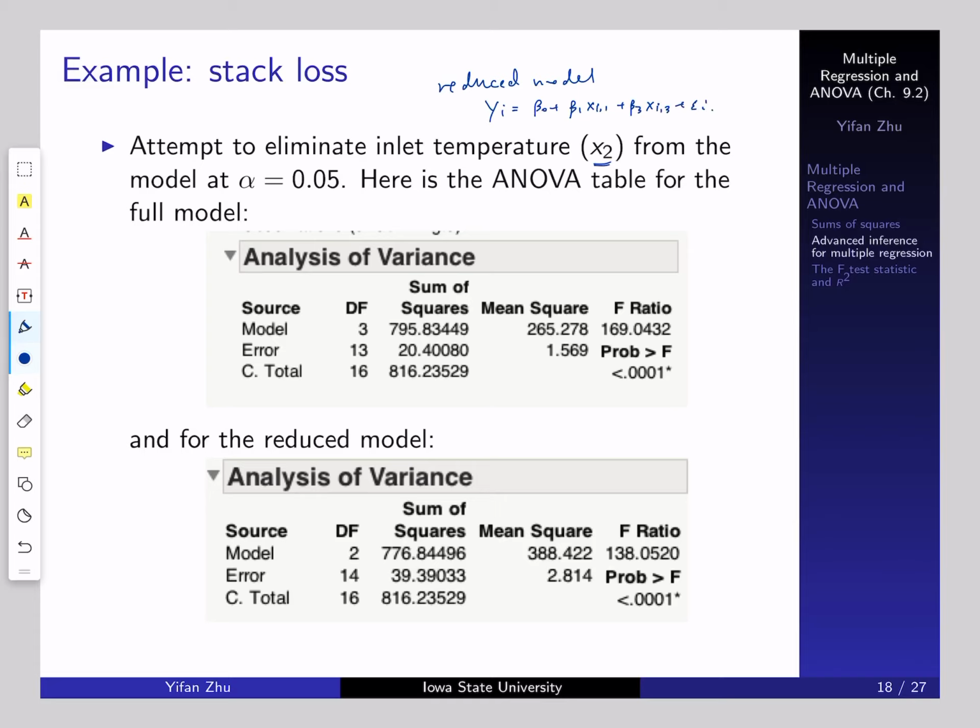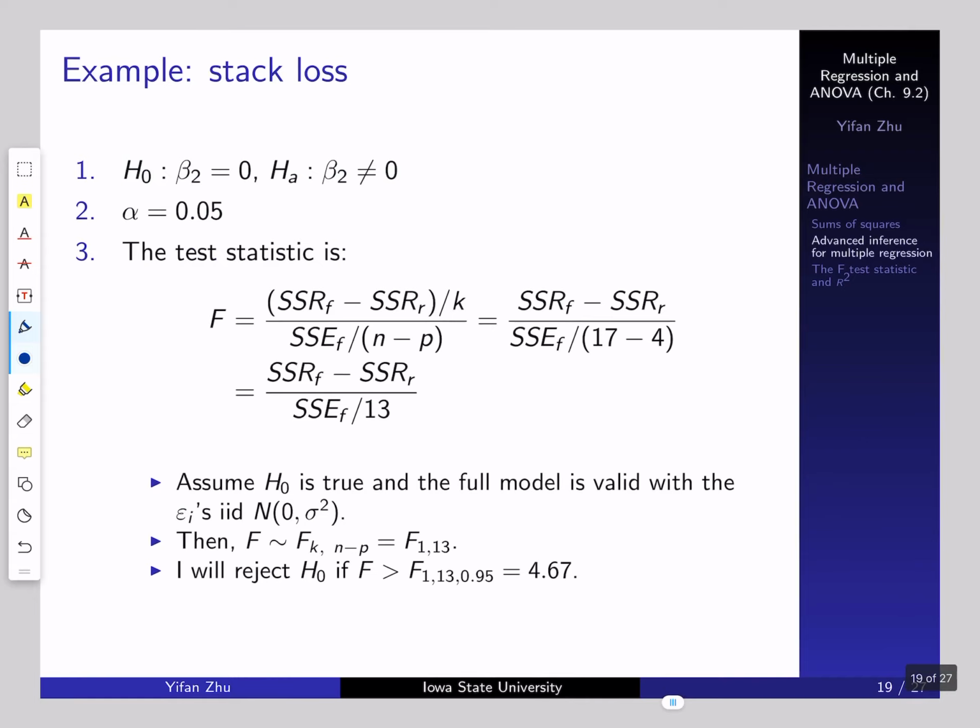This is the reduced model, and in the reduced model we don't use the inlet temperature. And here are the outputs for the full model and the reduced model. Of course, the test is whether beta 2 is equal to 0 or not, because beta 2 is the slope for the inlet temperature in the full model.